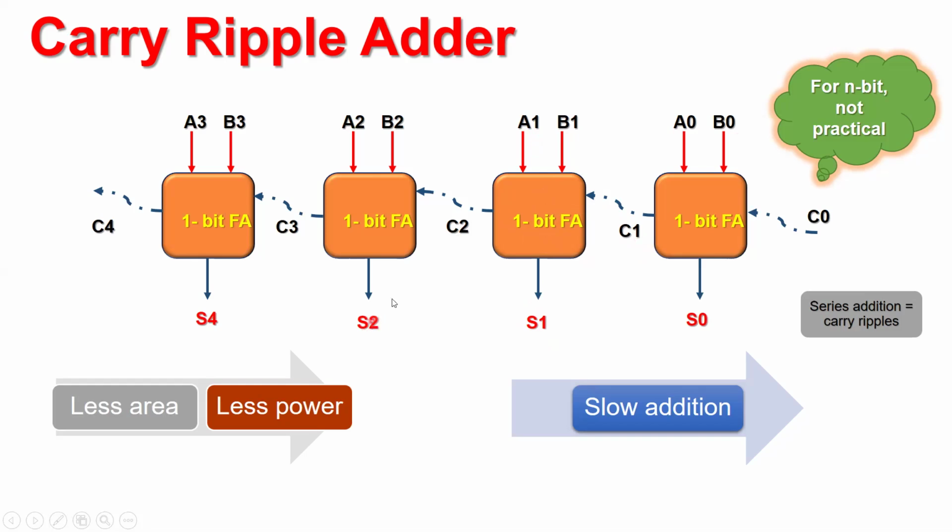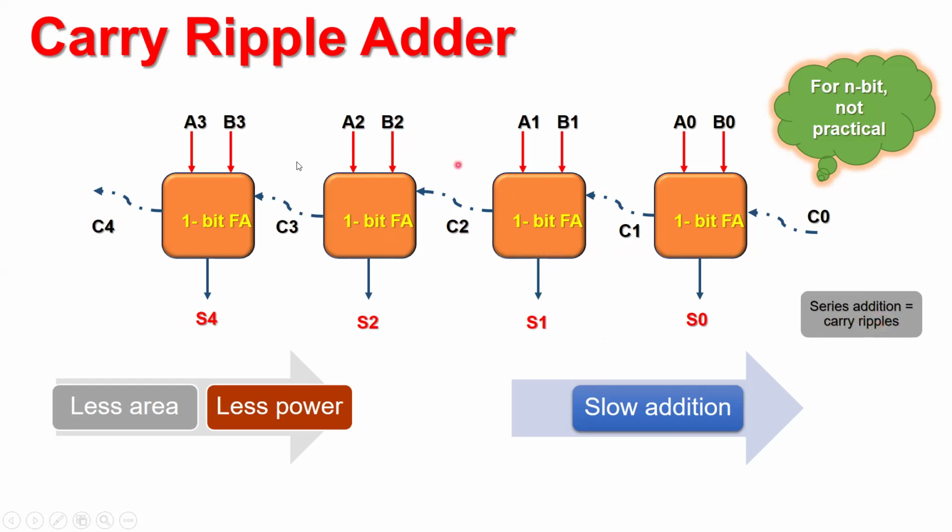Again, S2 is available when C2 goes to the next stage and gets added with A2 and B2. So you see that you have to wait for all these sums until the carry from the previous stages is available. Only then do you have these sums available. So this is a kind of series addition where the carry is rippling through the stages.